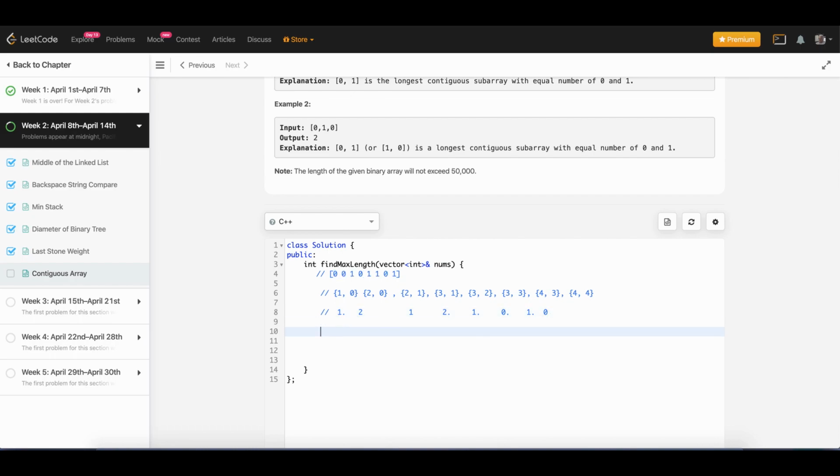So in this way we can formulate. So let's define another map with integer, say a hash map, and let's try to iterate over the array.